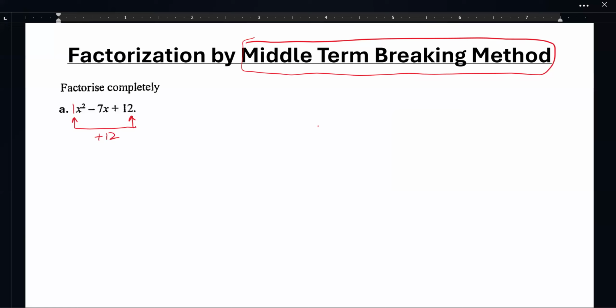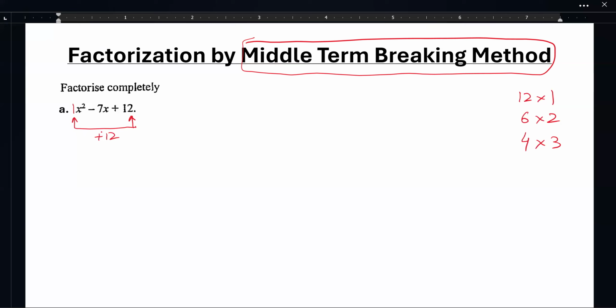If I multiply them, I will get 12. That's the one option. That's the second option. And that's going to be the third option. There is no other option by which I can get 12. Now, which option is suitable for me? Let's decide.